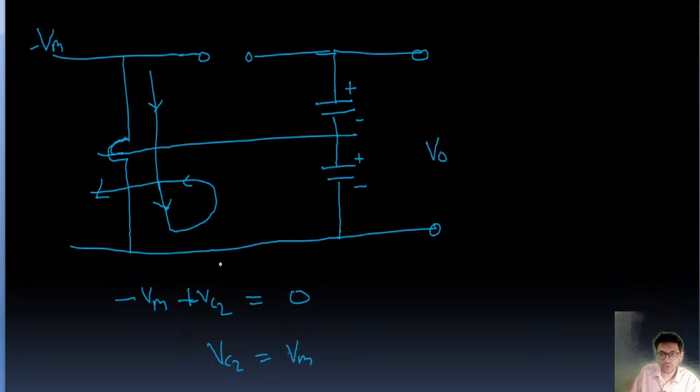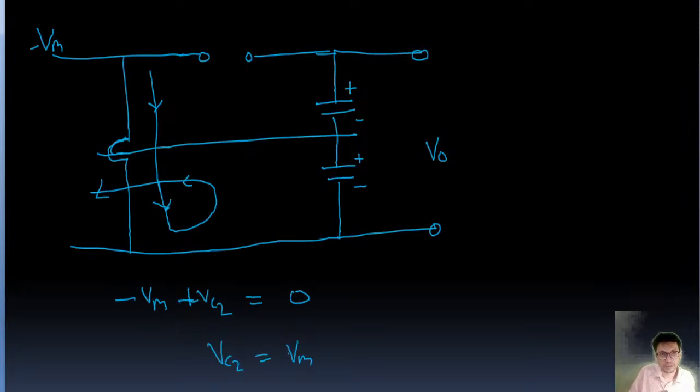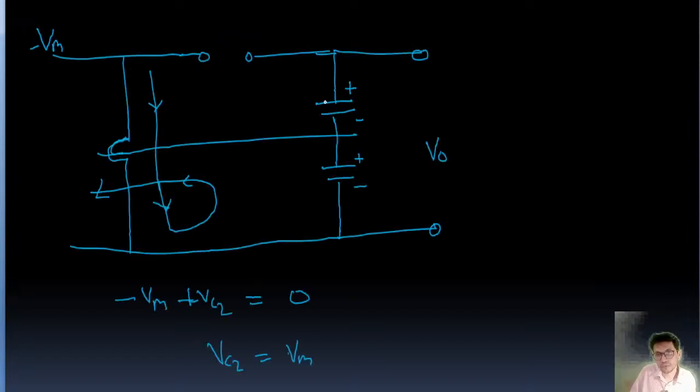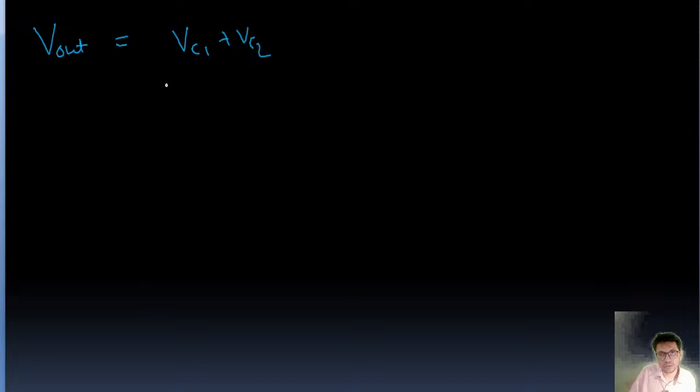So from here, the output voltage V output is going to be VC1 plus VC2, this plus this, right? So this is going to be Vm plus Vm, right?